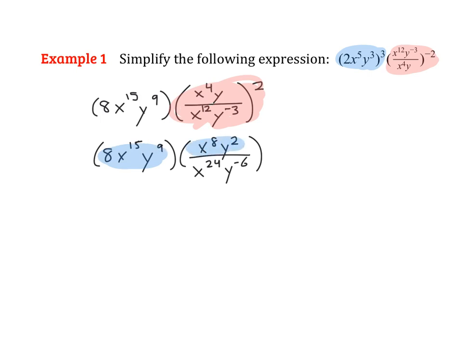So we will have 8. And remember, our rule for multiplying with exponents is to add the exponents. So then we have x to the power of 23, y to the power of 11, and then all over x to the power of 24, y to the power of negative 6.